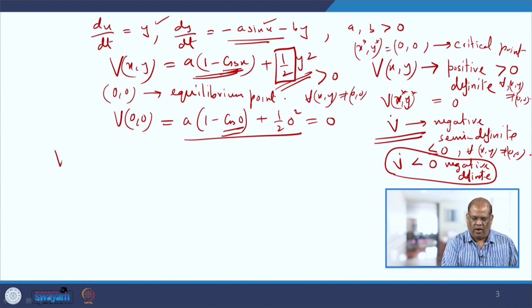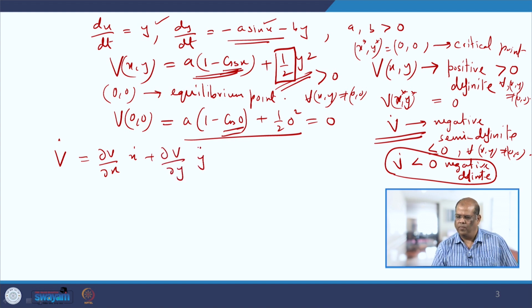Now, let us calculate V dot. So, V dot is del V del x into x dot plus del V del y into y dot. This is equal to del V del x, so a sin x into x dot, which is y.